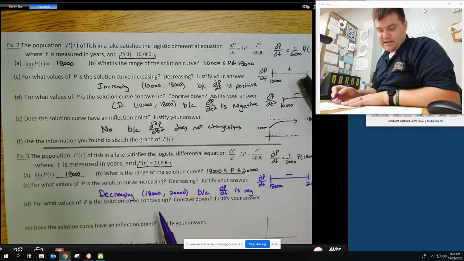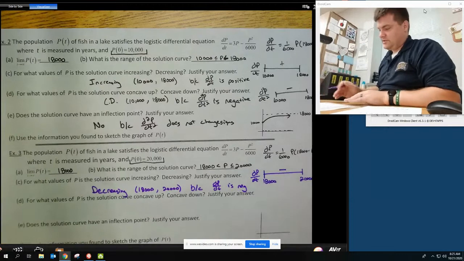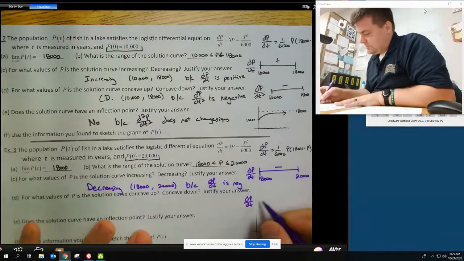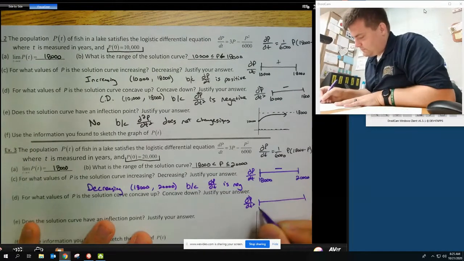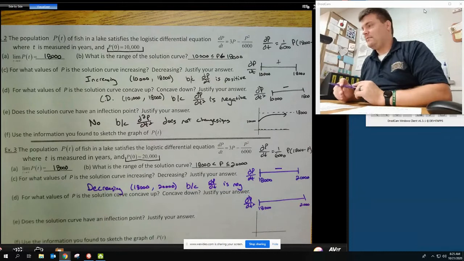When is this thing concave up, concave down? So same idea from the last sign chart. Second derivative, 18,000 to 20,000. So this is going to be concave... What was it before?